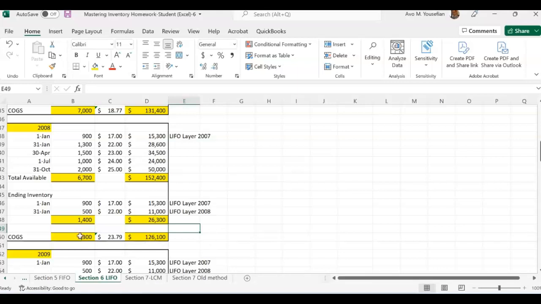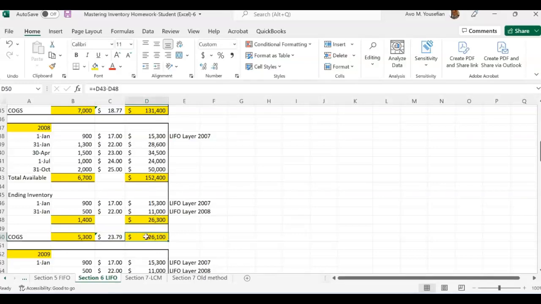Okay, then what is the cost of goods sold anyway? Cost of goods sold is the available less the ending. So we sold 5,300 units. The available was 152,400 less 26,300. That gives you $126,100 cost of goods sold.